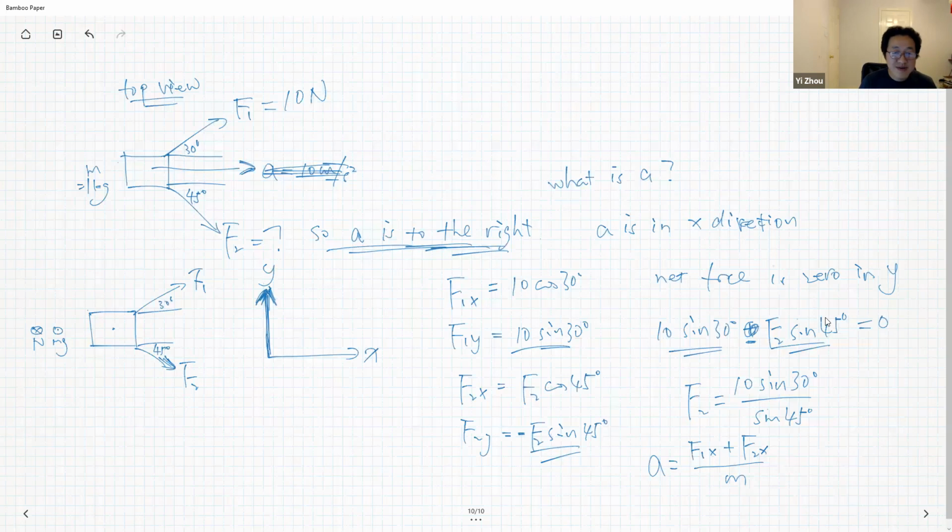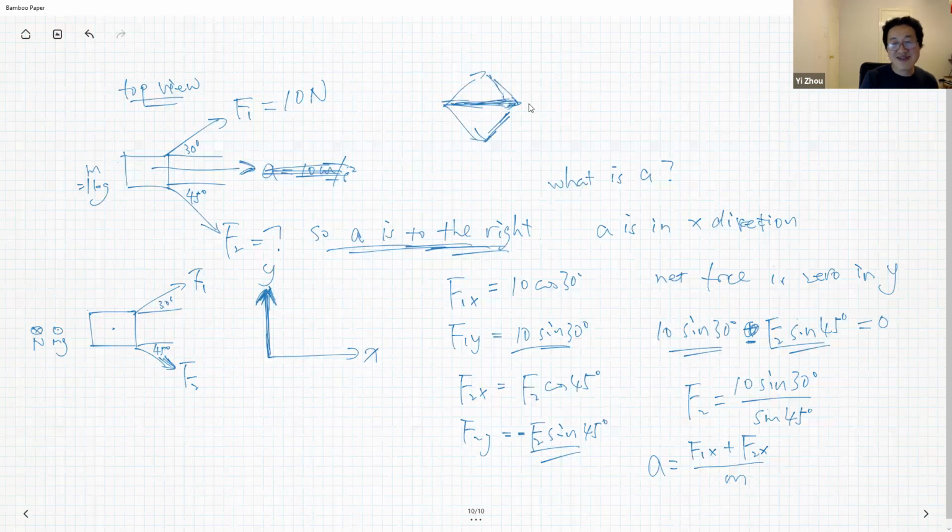So this is a simple example of two forces acting on one object, and how we resolve the forces into components in the XY direction. Because if we don't do that, we will need to use vector addition, right? If you do the vector addition, it's kind of awkward because you need to have this direction as a result direction, and it's harder to see how you draw this graph and solve it.